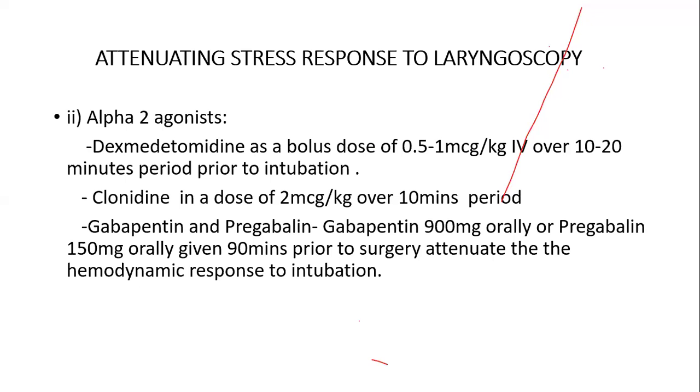Also, gabapentin and pregabalin are administered orally, gabapentin at a dose of 900 milligrams and pregabalin at a dose of 150 milligrams, about 90 minutes prior to surgery. They help to attenuate the hemodynamic response to intubation.